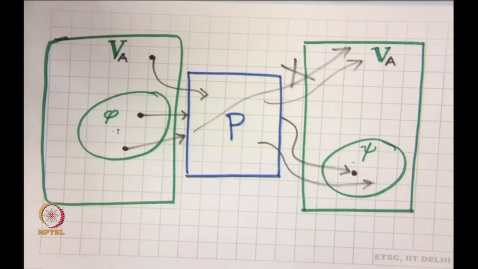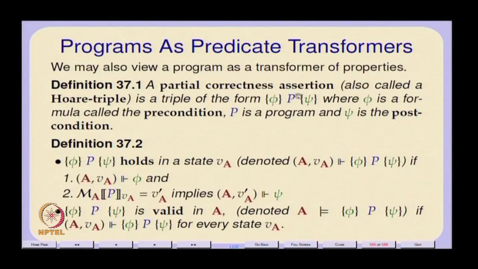And what you are trying to say is that this program P satisfies this precondition and this postcondition, and you write this as a triple in this form, and this triple is called a partial correctness assertion.